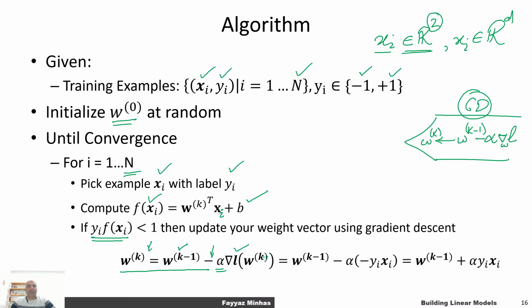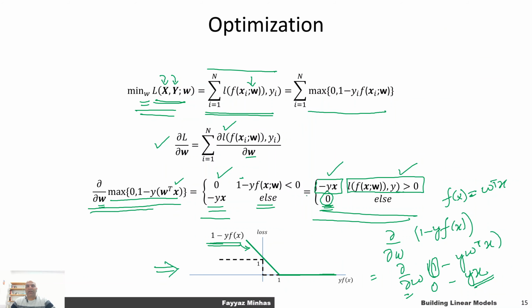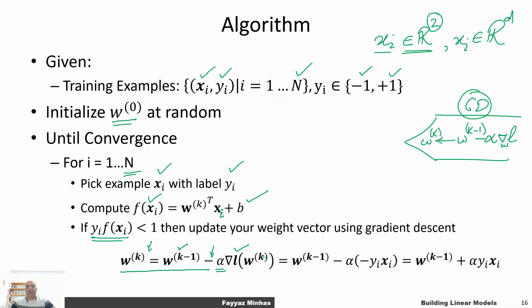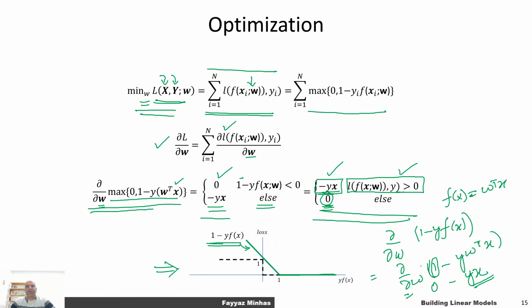This should be minus 1 as well. If we substitute the value of the gradient from the previous equation, which is simply minus y times xi, you end up with this beast. It's a linear equation, it's not exactly a beast. So you get wk equal to wk minus 1 minus alpha times minus yi xi, which is coming from this part over here.